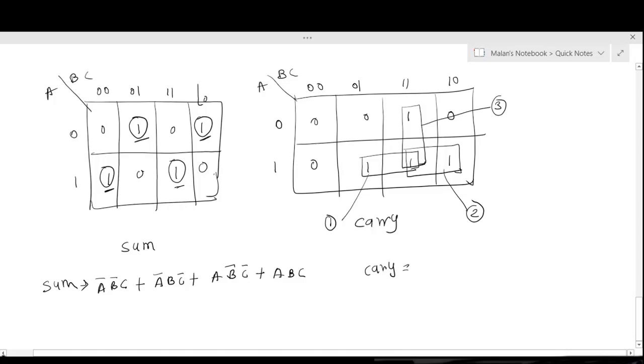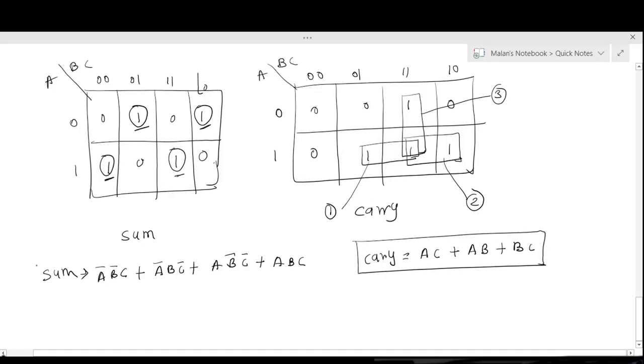The terms represented by group number 1 are A and C, plus the terms represented by group number 2 are A and B, plus the terms represented by group number 3 are B and C. Now this is the expression representing the carry and this is the expression representing the sum.